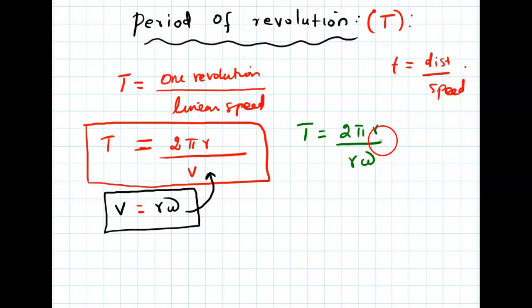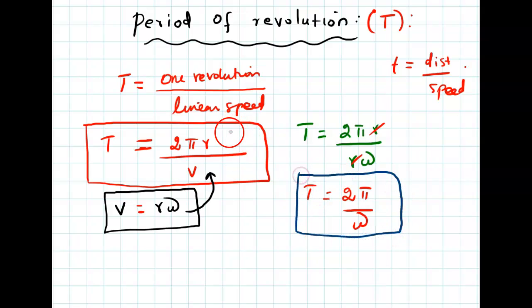Here you can cancel the radius, so the final formula is 2 pi by omega. So you can use these formulas for calculation, depending on the given values. We have two formulas: 2 pi r divided by linear velocity, or 2 pi by omega.